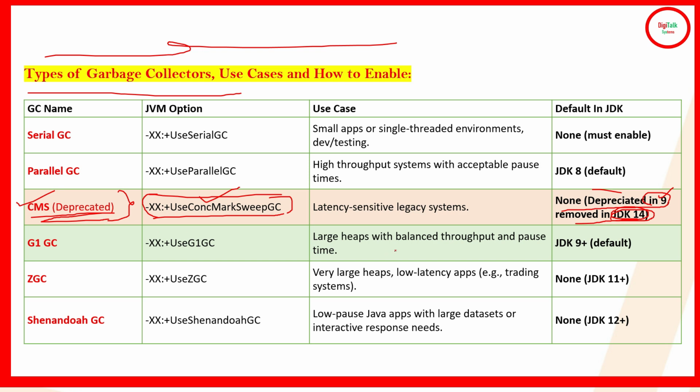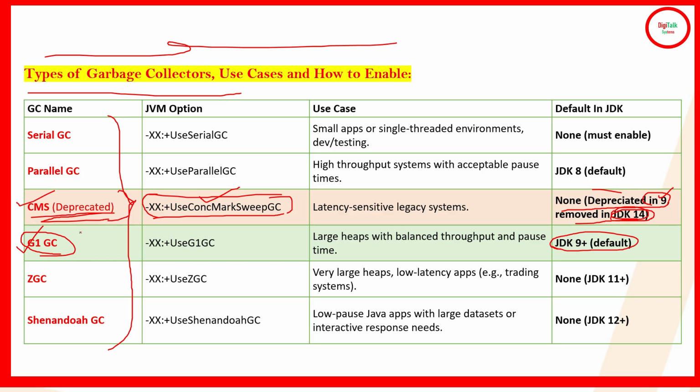Second, from JDK 9 onwards, the default GC algorithm is G1 GC, which is one of the most efficient algorithms till today, based on multiple regression tests performed with different applications under different loads.